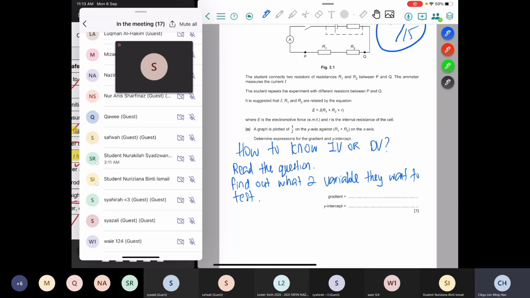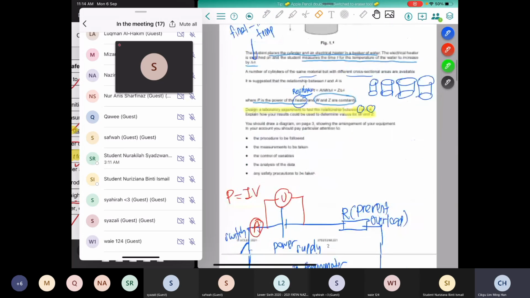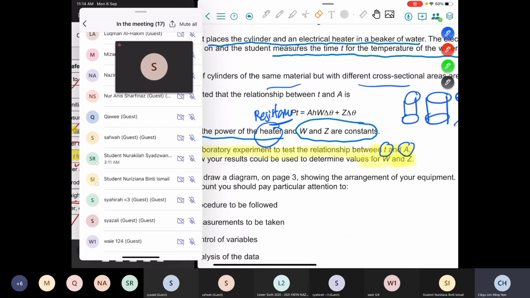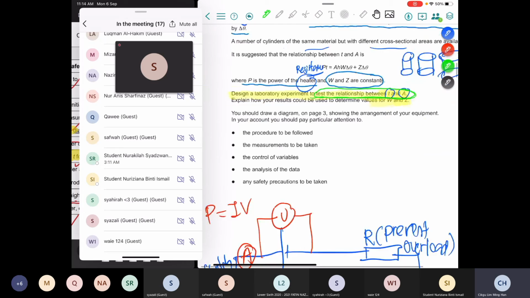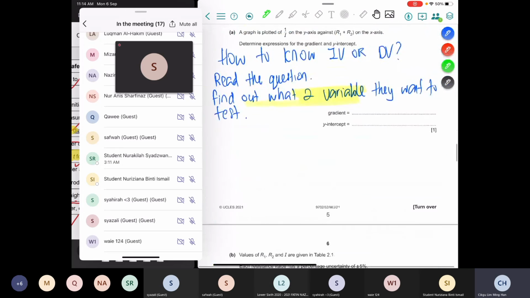So you must read the question first and find these two variables. The question will always tell you. For example, this one: to test the relationship between T and A. So you have to come back to this statement again.